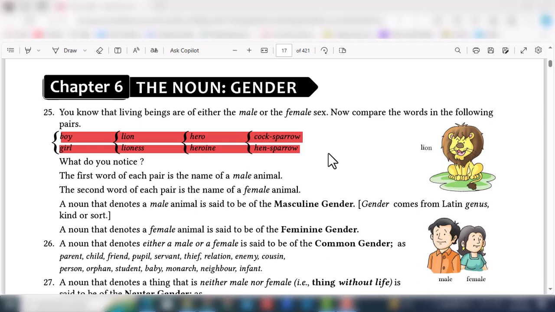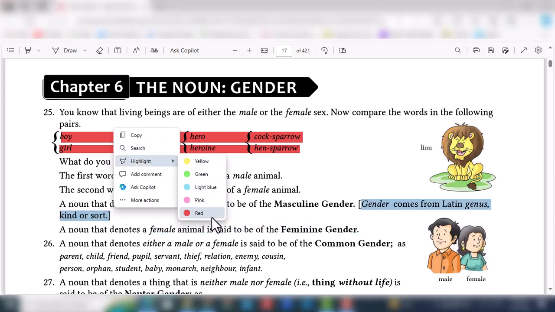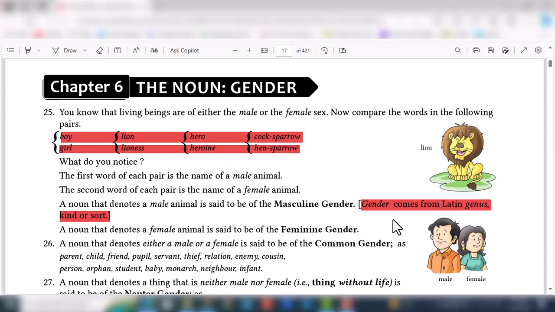Gender comes from the Latin genus, meaning kind or sort. It means the types and the forms. A noun that denotes a female animal is said to be of the feminine gender. So these are the two definitions of masculine and feminine genders.